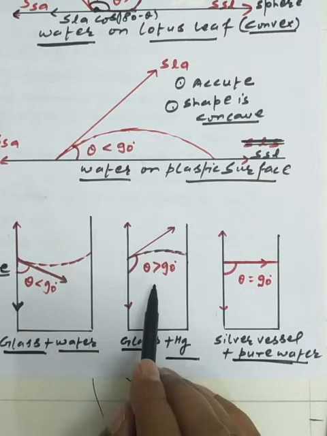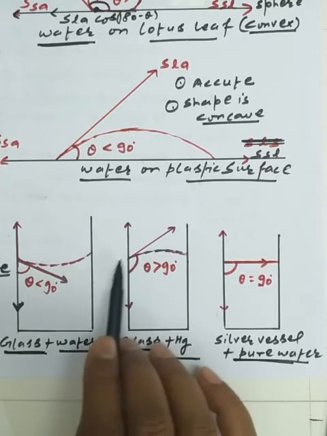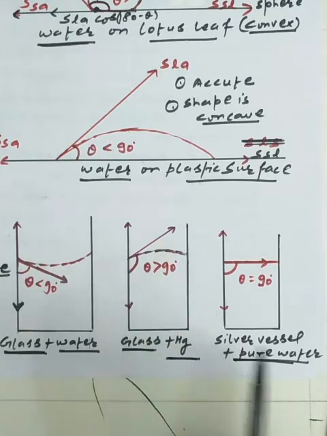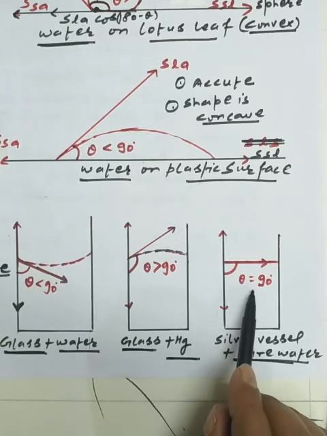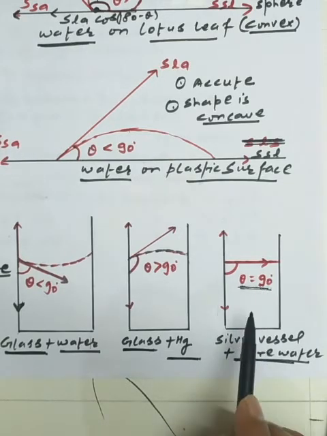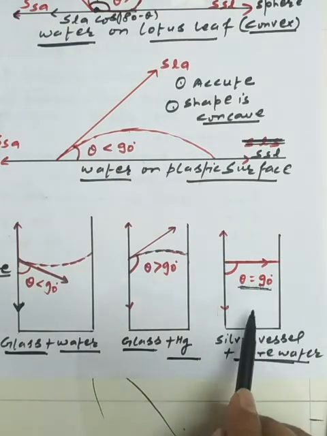Here the magnitude of the cohesive forces is larger, so that's why the shape of the meniscus is convex. Here the magnitude of the cohesive and the adhesive forces are equivalent, equal in magnitude. So generally the angle of contact is 90 degrees, and the plane surface comes into existence.